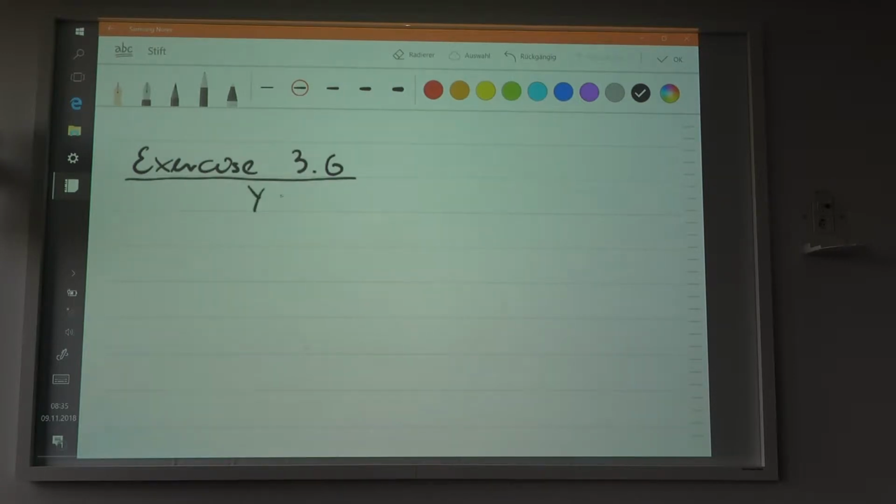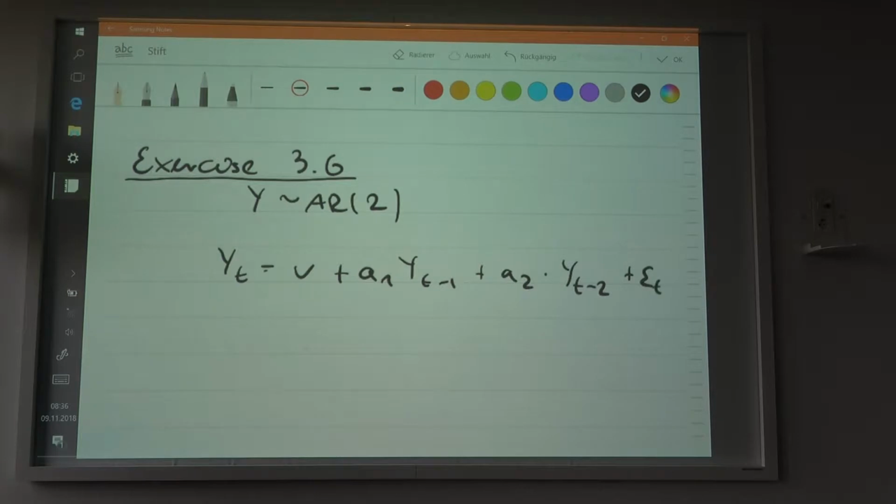So y is an autoregressive process of order 2, and therefore yt is equal to the constant plus a1 times yt minus 1 plus a2 times yt minus 2, plus the noise, okay.